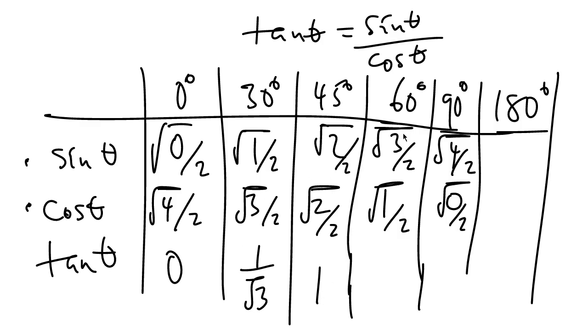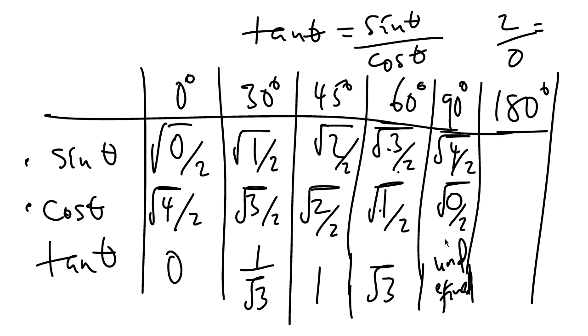And then tan 60 will be root 3 over 2 divided by 1 over 2, which is root 3. And in this case, root 4 over 2, which is 2, divided by root 0 over 2, which is 0. If a number is divided by 0, what's that called? Undefined. So tan 90 is undefined.